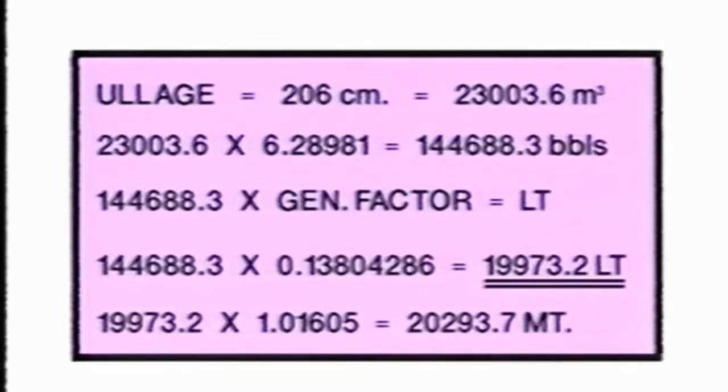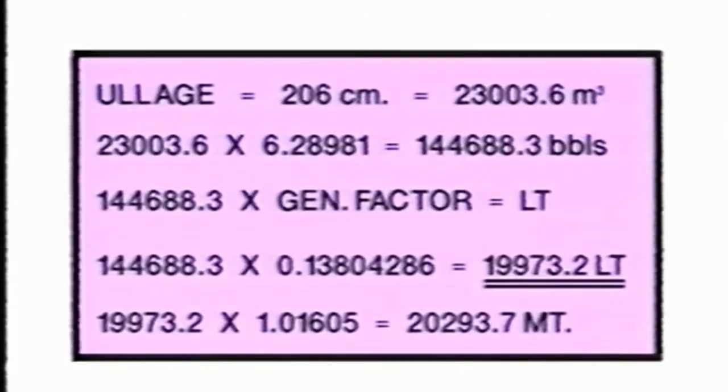You will get 144,688.3 barrels, which when multiplied by the general factor gives 19,973.2 long tons. If you want to know the weight in metric tons, you multiply by factor 1.01605, also found in table 1.